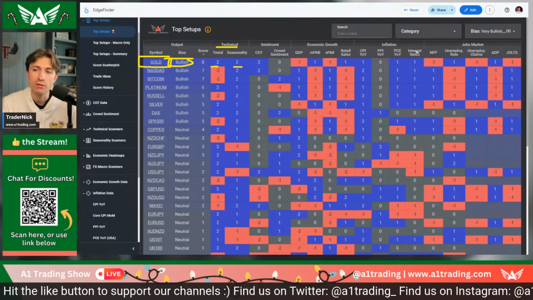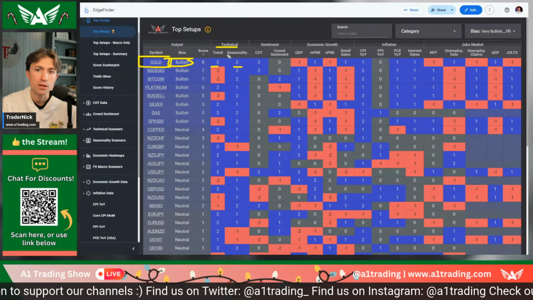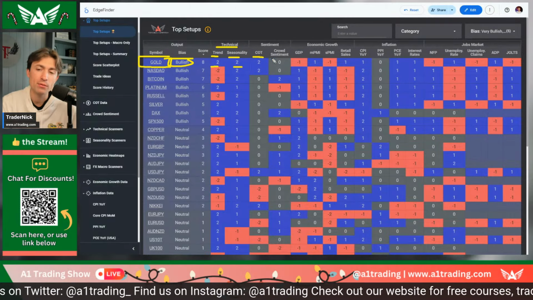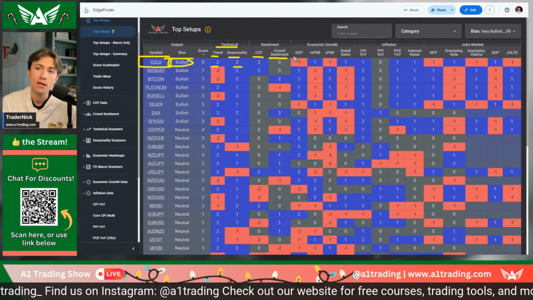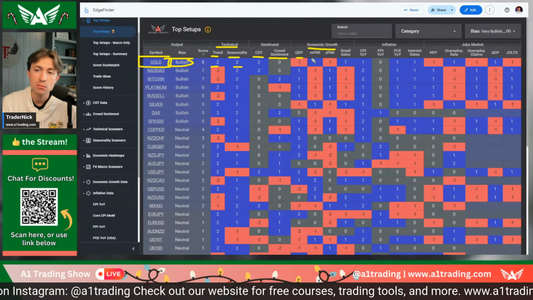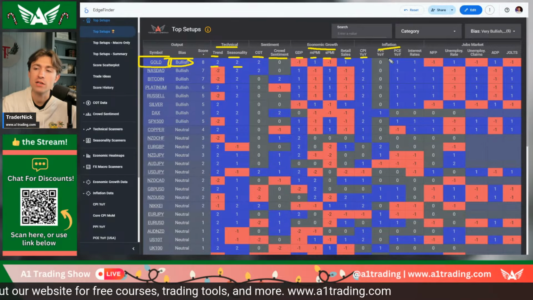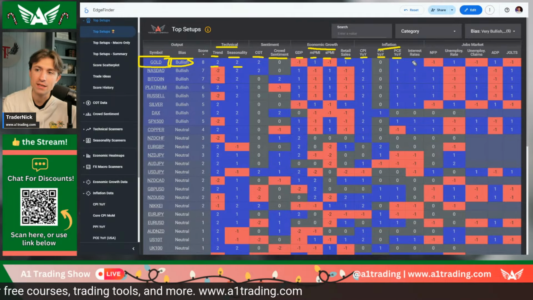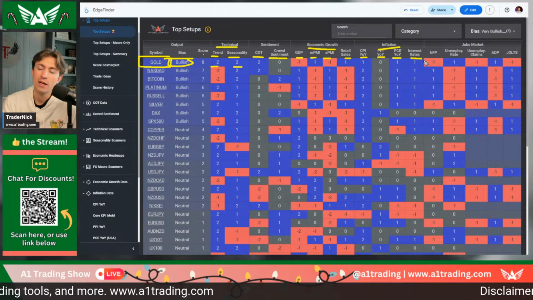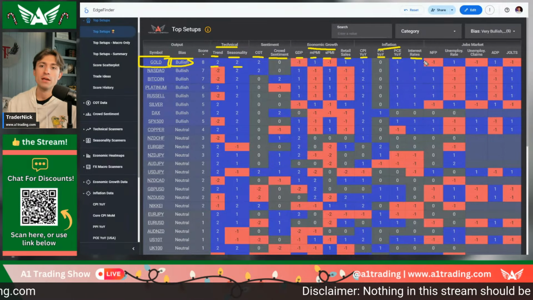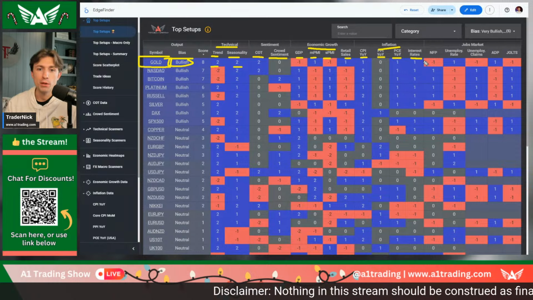You can see all the different categories as well as the individual columns: trend, seasonality, institutional activity through the commitment of traders report, crowd sentiment, economic growth statistics like GDP, PMIs, retail sales, and inflation statistics like the consumer price index, the producer price index, and PCE, personal consumption expenditure. It's tracking the jobs market, the consumer, inflation, economic growth, sentiment, and technical data to build a bias.